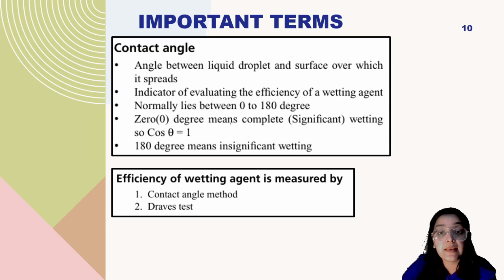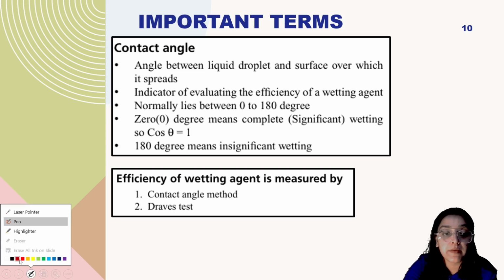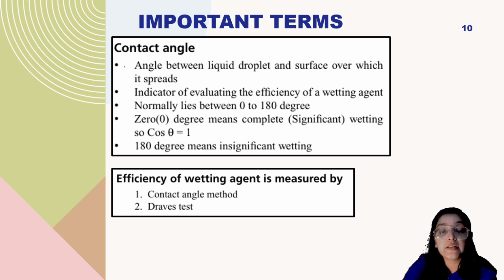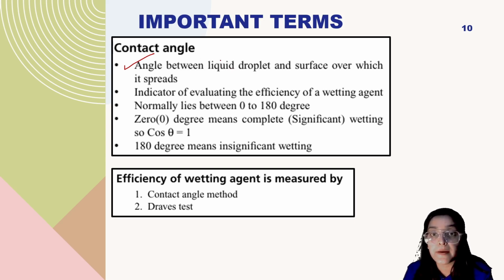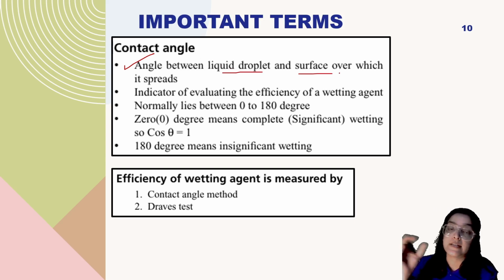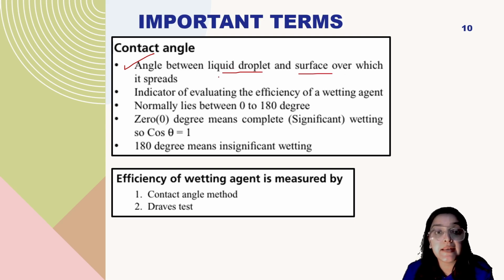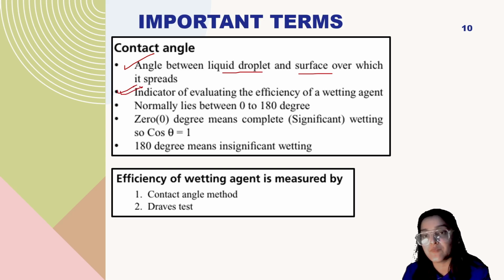This is a very important topic from your exam point of view. Here I have mentioned what I have just told you. What is contact angle? It is the angle between the liquid droplet and the surface over which it is spreading, so it indicates the efficiency of the wetting agent that has been used.